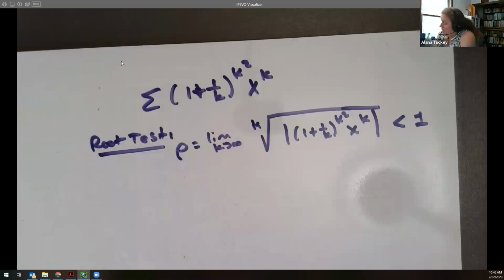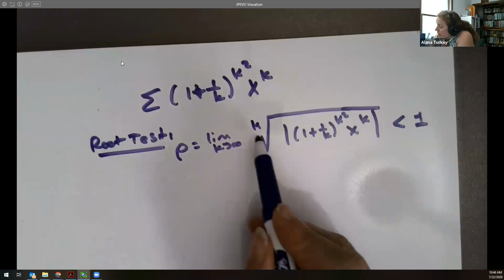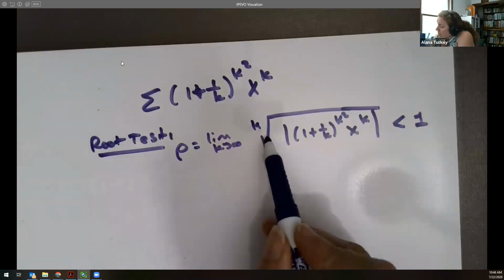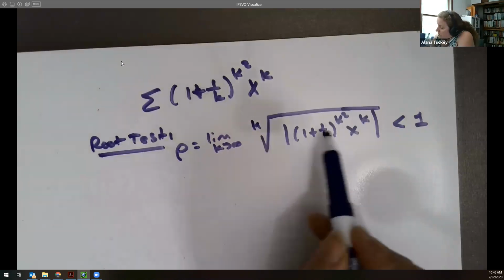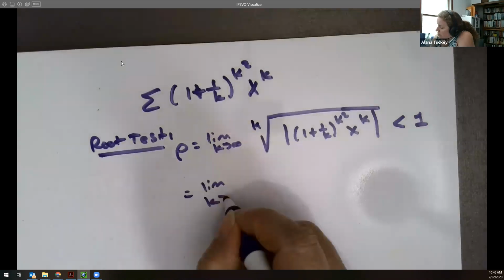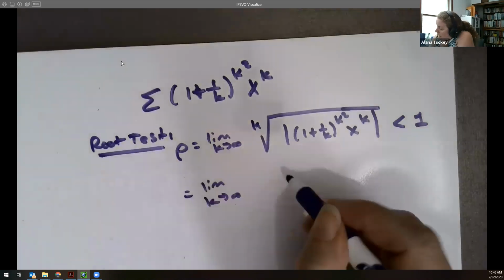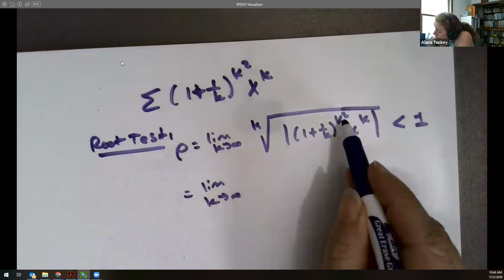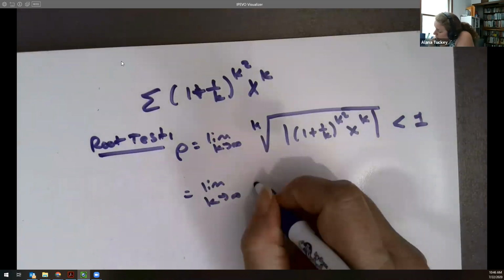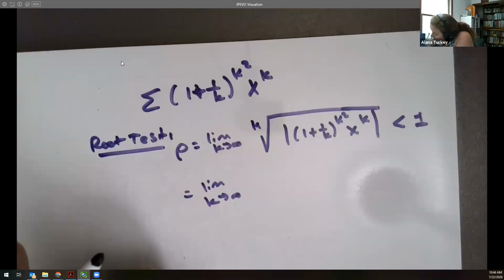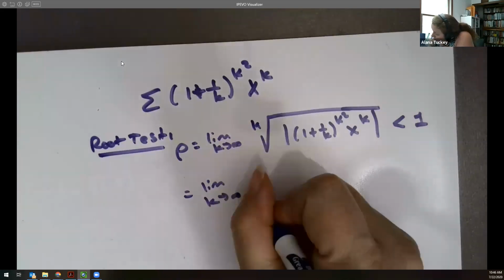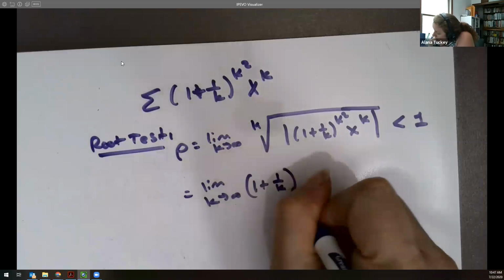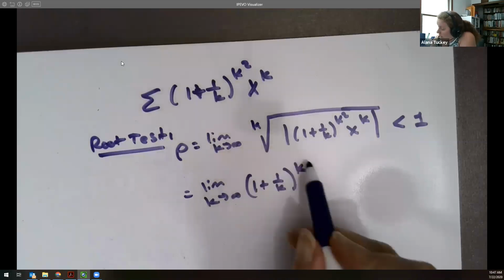Cool. Okay, so let me rewrite this. This is the kth root of. So this is the limit as k goes to infinity of 1 plus 1 over k to the k squared divided by k. So that would be 1 plus, oh, yeah, let me write it this way. 1 plus 1 over k to the k, right? Because k squared divided by k would be k.